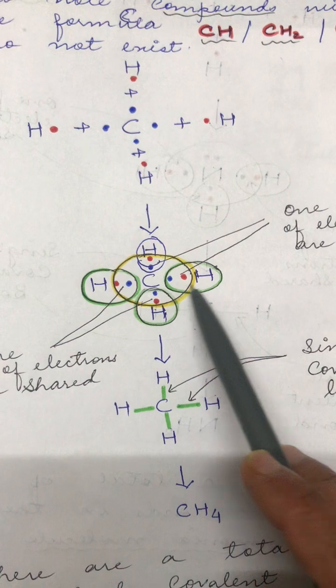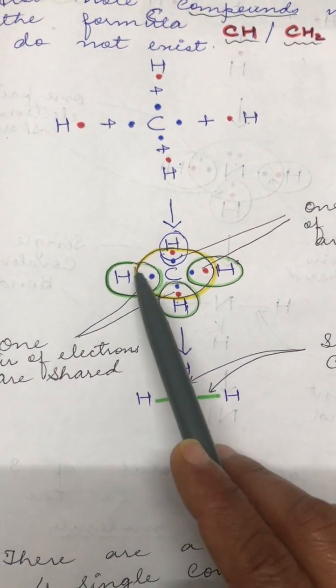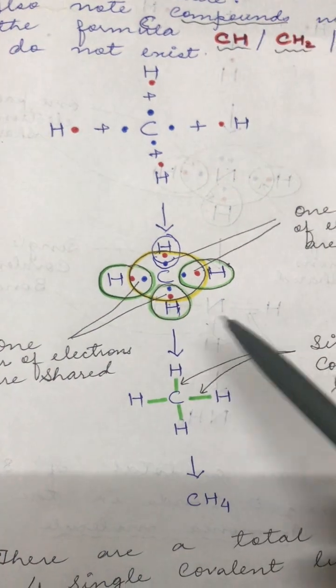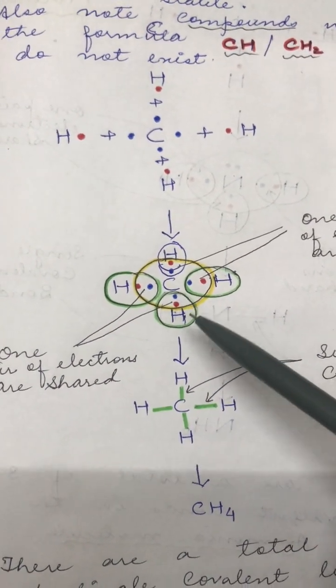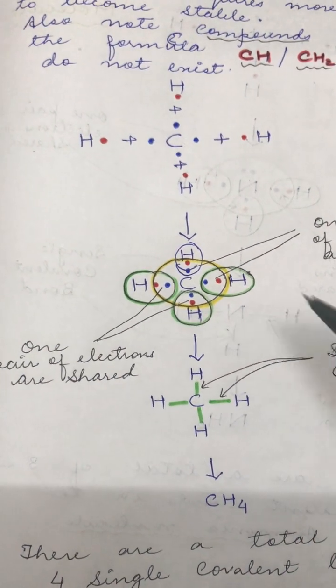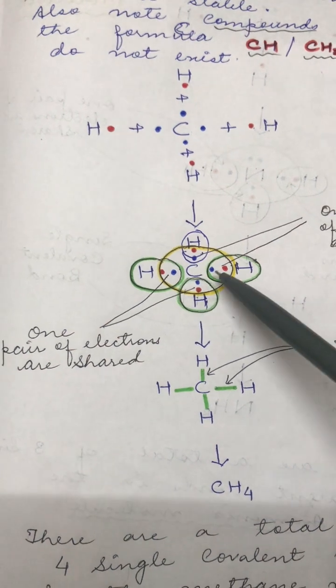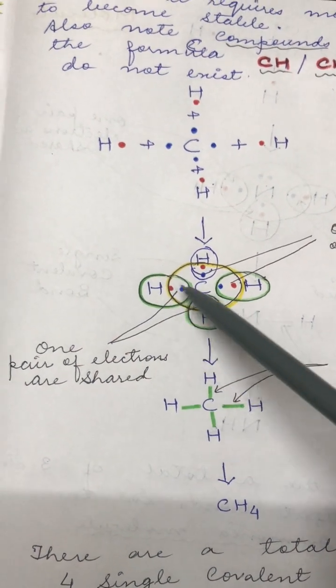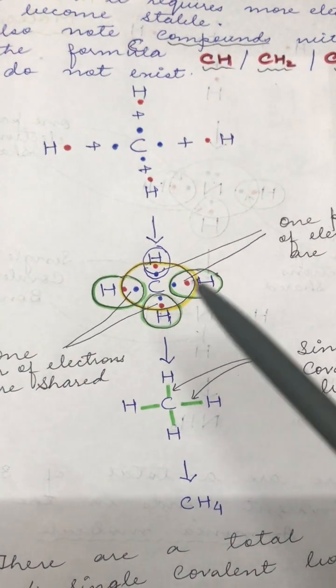This hydrogen atom is completing its duplet with 2 electrons here, this hydrogen atom is completing its duplet with 2 electrons here, and this hydrogen atom also has 2 electrons, so it is also completing its duplet. And in turn, carbon atom has 1, 2, 3, 4, 5, 6, 7, 8. It is also completing its octet with 8 electrons.